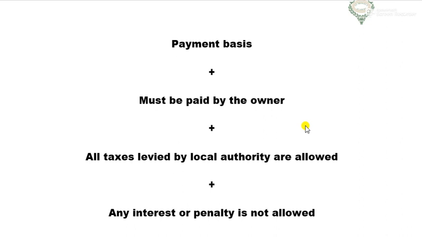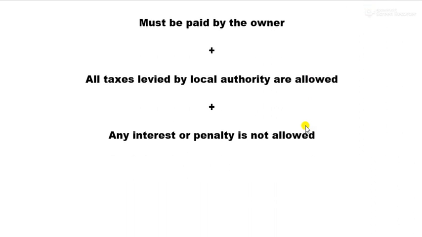However, taxes by state government are not allowed as deduction. Lastly, any interest or penalty is not allowed. Suppose you make a late payment of municipal taxes and you are obliged to pay interest or penalty, then the interest or penalty will not be allowed as deduction.